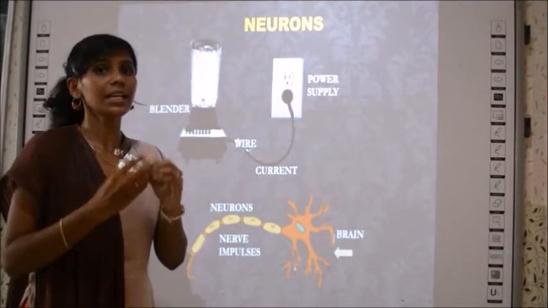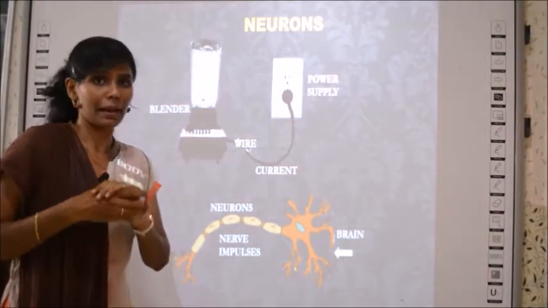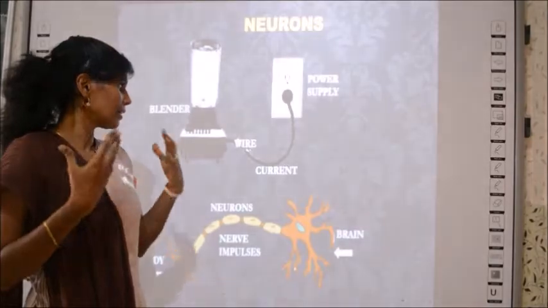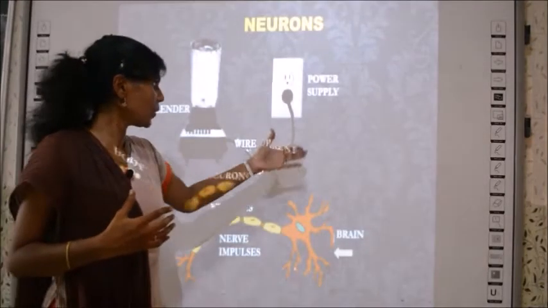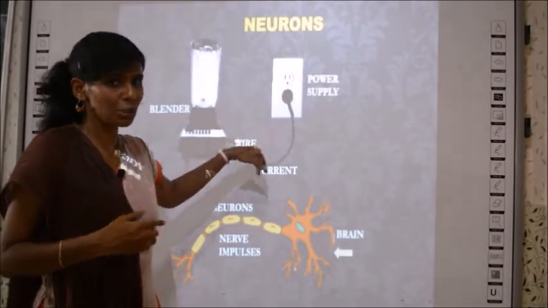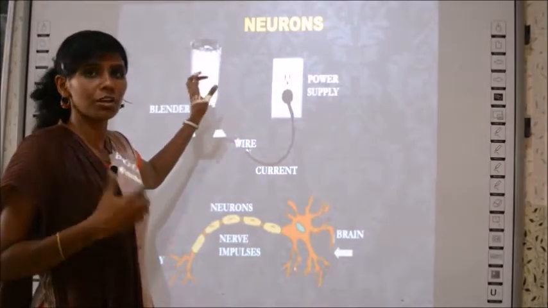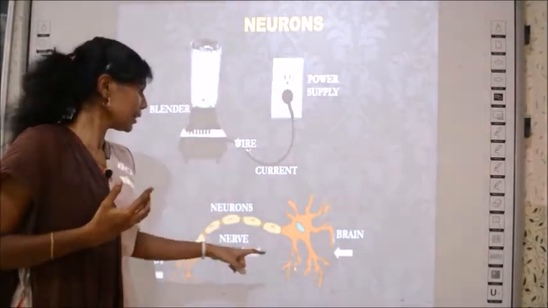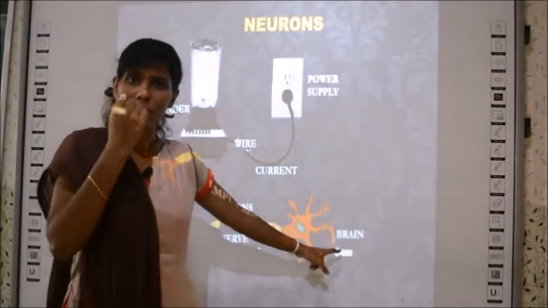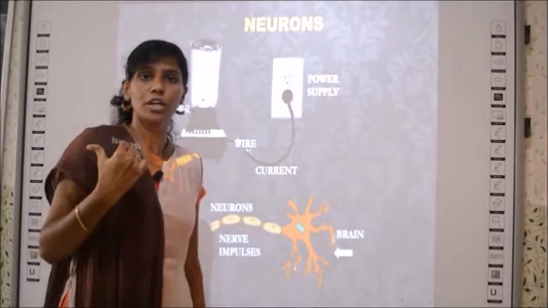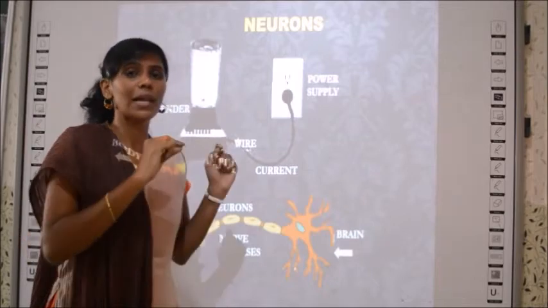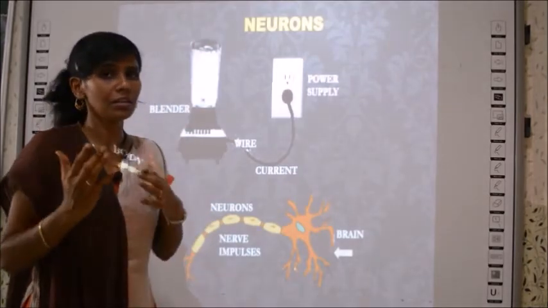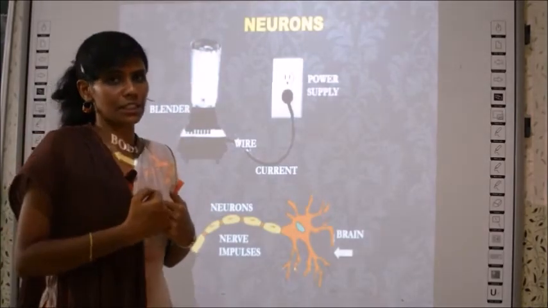So the actual signal is in the form of nerve impulses. Clear? I will repeat again, just like a wire makes current pass through it and a mixie or a blender or any electronic device operates, similarly, when the brain passes a message to any body part, the neuron will act as the source for carrying the nerve impulses.